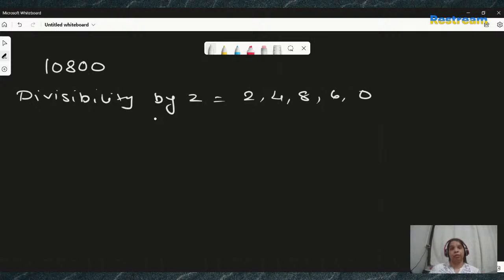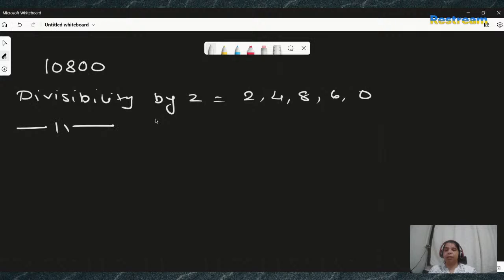Even if you are using a calculator, you'll have to factorize it yourself using these divisibility rules. So the divisibility rule of 2 says that if a number ends with a 2, 4, 6, 8 or 0, the number is divisible by 2. If your given number ends with these 5 digits, you can always start dividing by 2. It will make the number smaller.